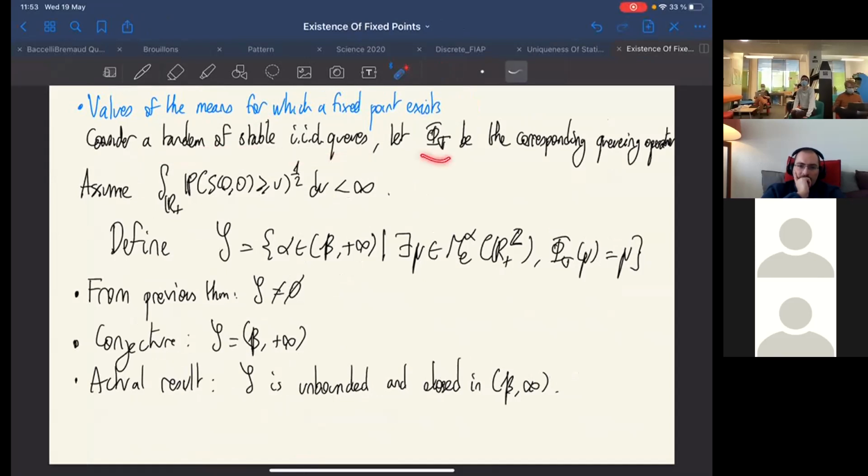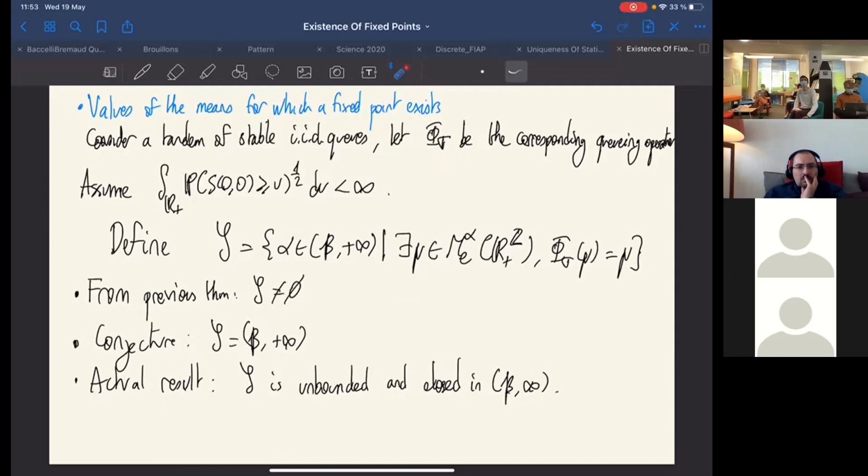You let phi sigma be the corresponding queuing operator, so that it associates an inter-departure process with an inter-arrival process, given a service process with mean sigma.